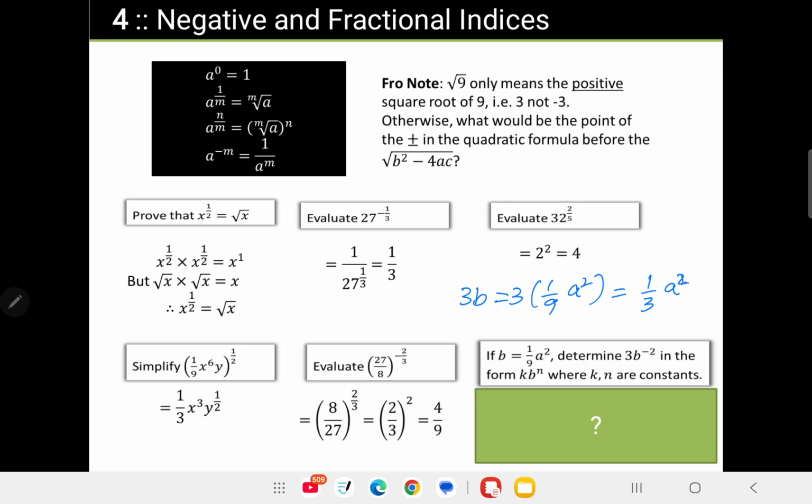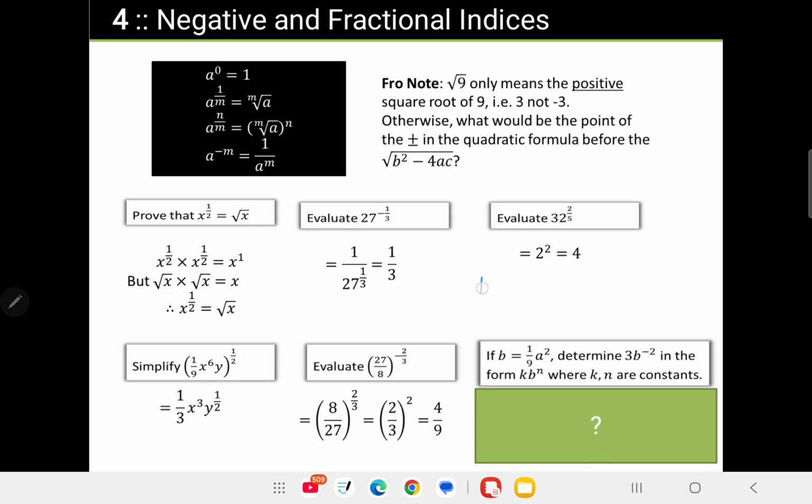So we got 3b, but we need 3b to the power minus 2. Since we have to make b power minus 2 times 3, we should apply the power first and then multiply by 3, sorry.